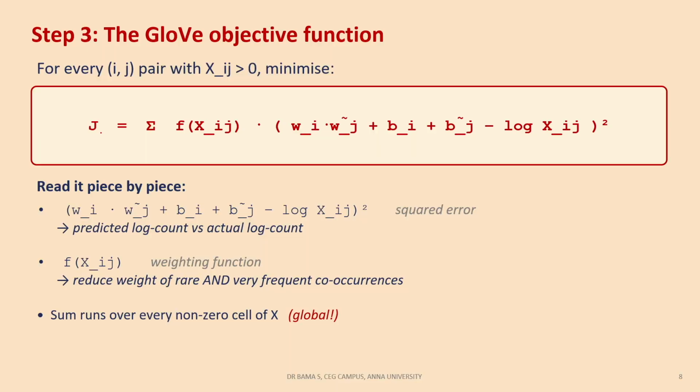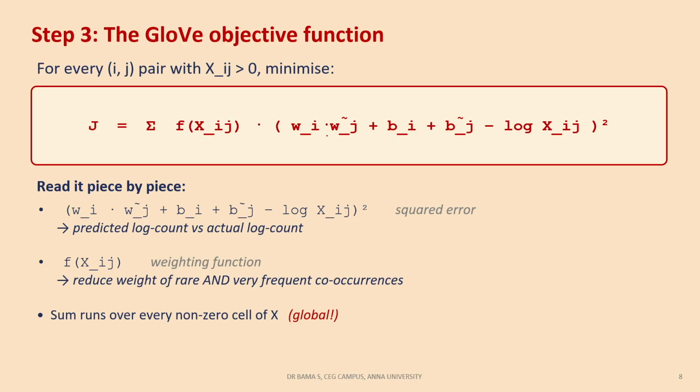Now, what is the use of this matrix? We will calculate J. J is an error used to create the embeddings. So, the error that we get using this co-occurrence matrix is the sum of f(Xij) times something, where the weight vectors are wi and wj, which we will do in a minute.